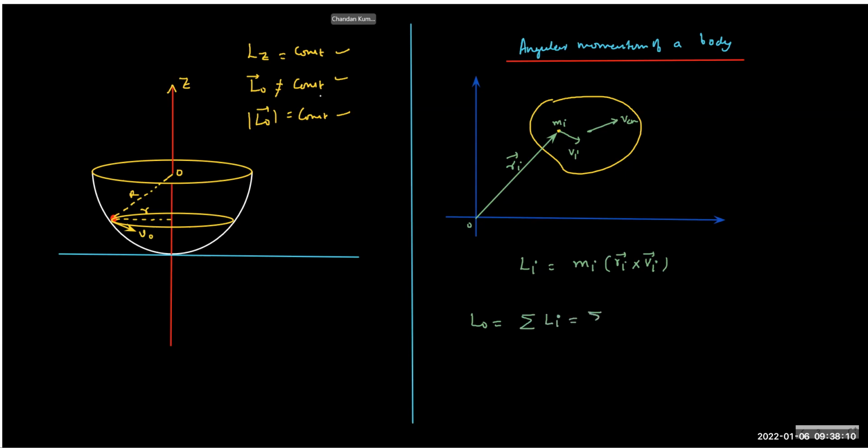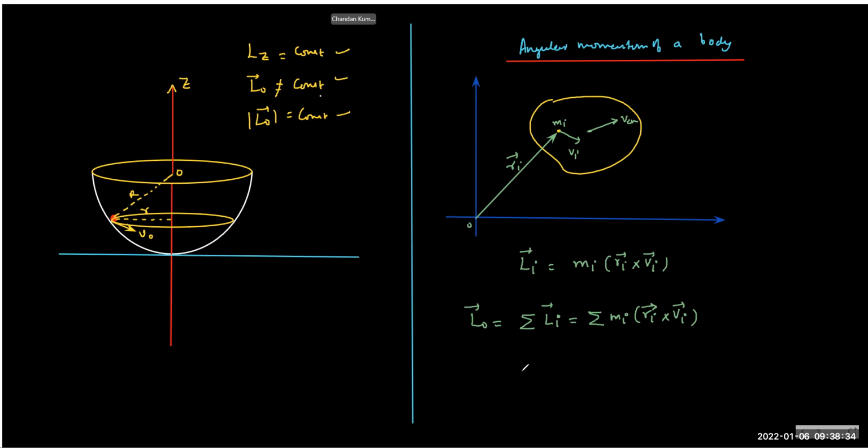So we need to add mi ri cross vi. So to get this answer, the net answer of the summation, if I add all values, what will I get? That's the question, right?